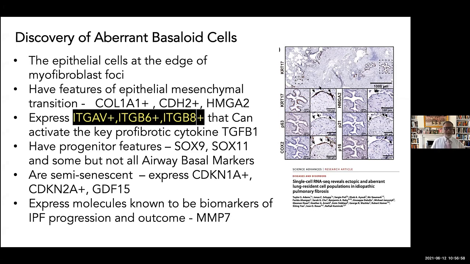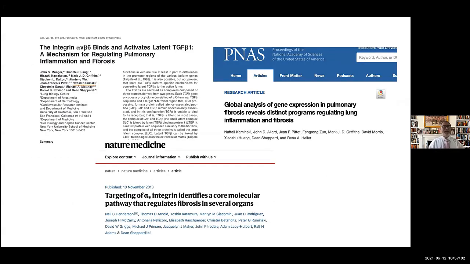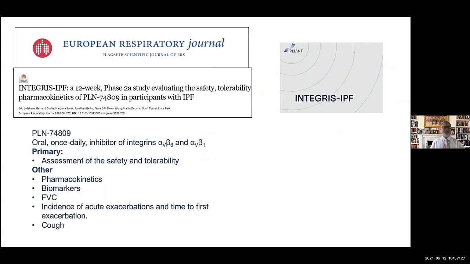Now, I have to be honest, I have an emotional relationship with this, because as a postdoc 22 years ago, I was in the group that discovered the role of alpha V beta 6 in pulmonary fibrosis. I was a junior contributor to the discovery, and then a bigger contributor to understanding the mechanism.